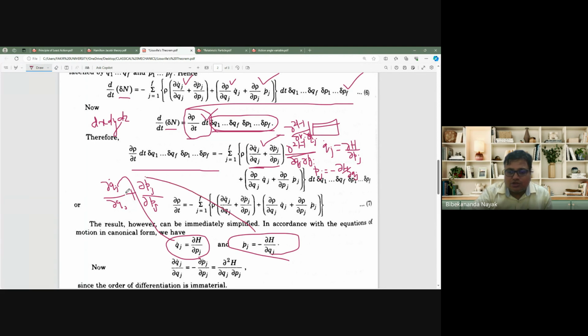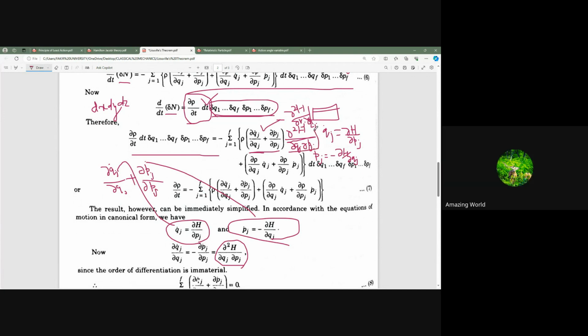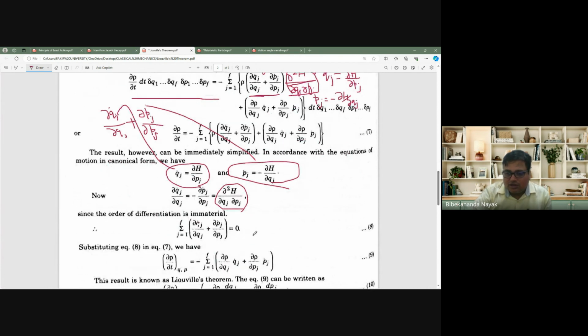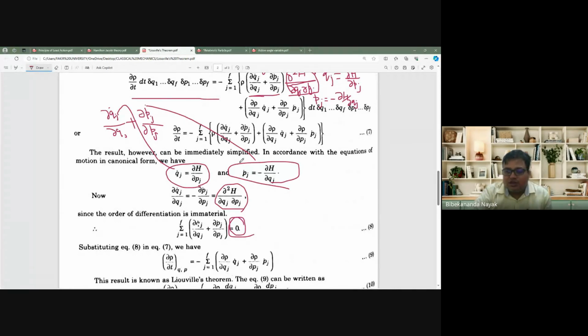So this is equal to how much? Del qj dot by del qj means it will be del square h by del qj del pj. Is not it? It will be minus del square h by del pj del qj. So plus and minus, if we add this, it will give you zero. So this term actually gives you 0.